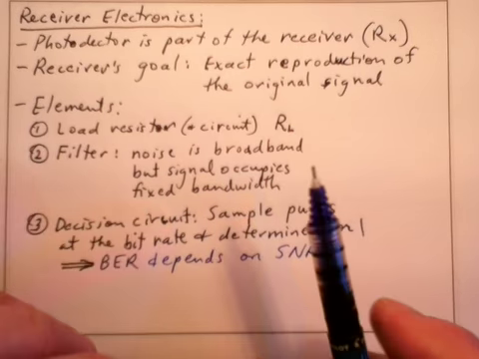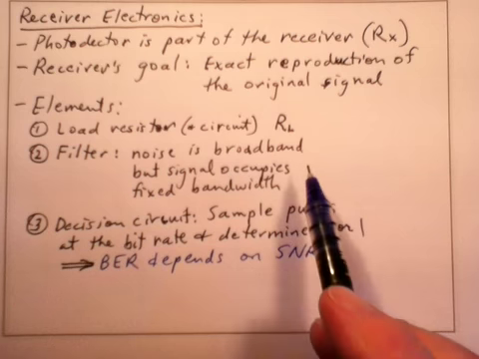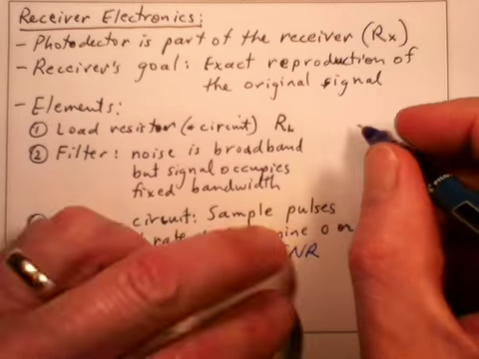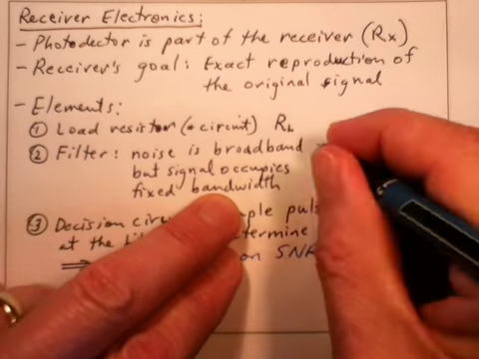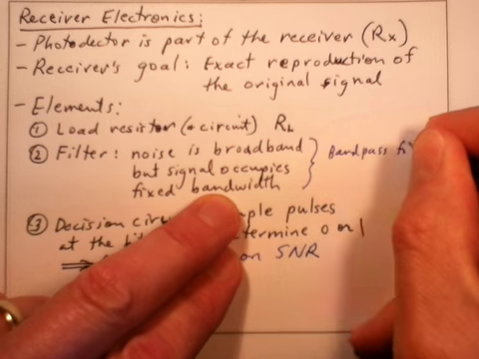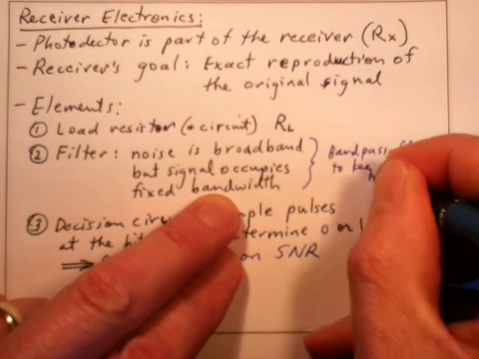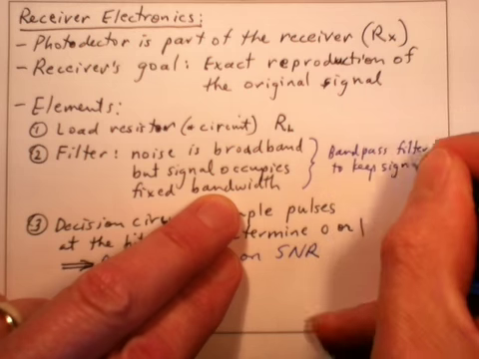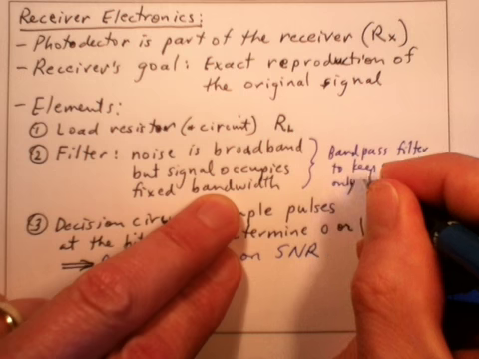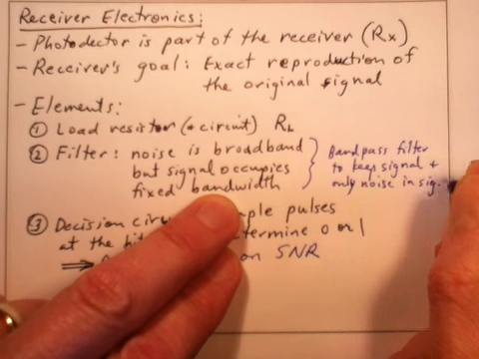So what we do is we have a filter. We bandpass filter the signal, to keep the signal and only the noise that's in the signal bandwidth.